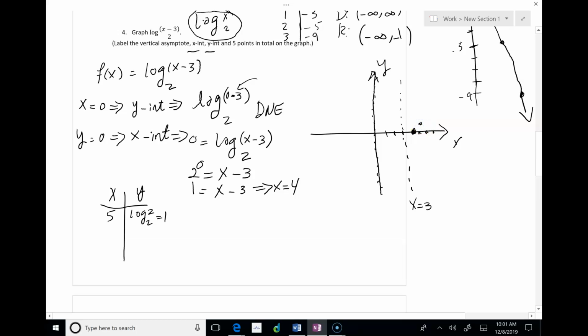And the rest will be decimals, so you can put 6, 7, 8. These are the points that you can use. As you plot more points, you will see that the graph is approaching the vertical asymptote, but it's not touching it. So you can just fill in these points.